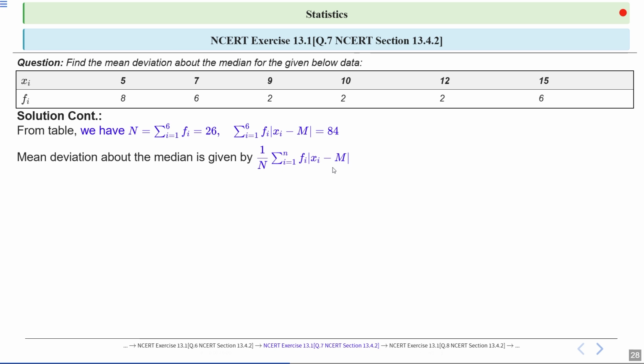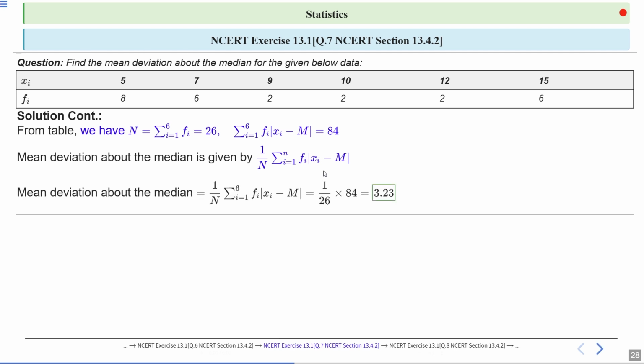Now let's recall the formula for mean deviation about the median. The formula is mean deviation equal to 1 by n multiplied with the summation i equal to 1 to n of fi multiplied with the absolute value of xi minus m, where n is the total frequency, fi is the frequency of each value xi, xi is each value, and m is the median.